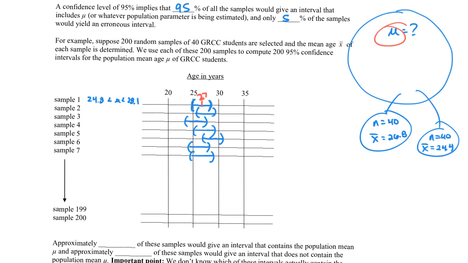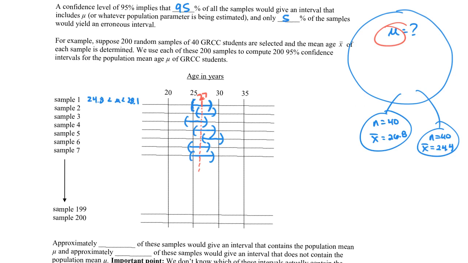So then we look at our samples, and most of these samples gave us a confidence interval that actually captured the true mean. But if you look at this one, it missed, right? So this sample 5 must have been kind of a weird sample, and it was a little bit high. Through random sampling, some of these samples are just going to be a little weird.